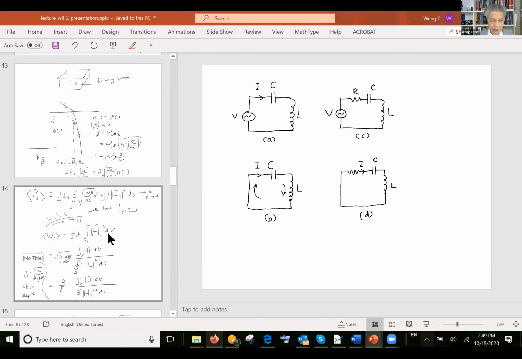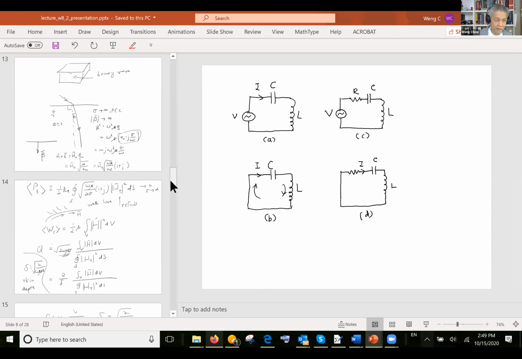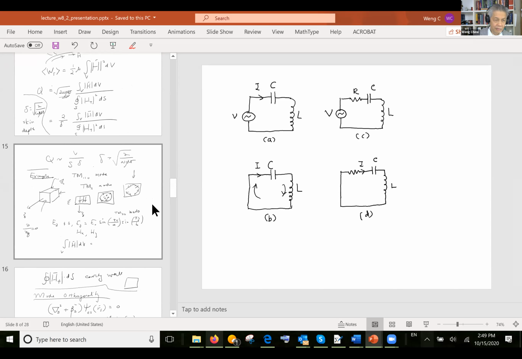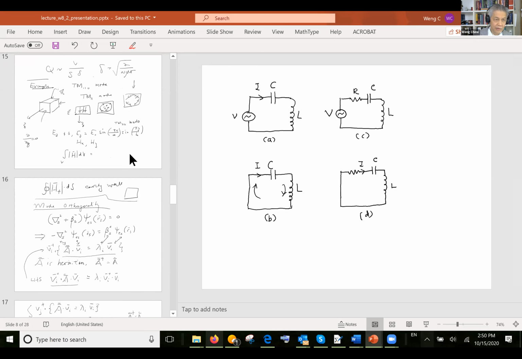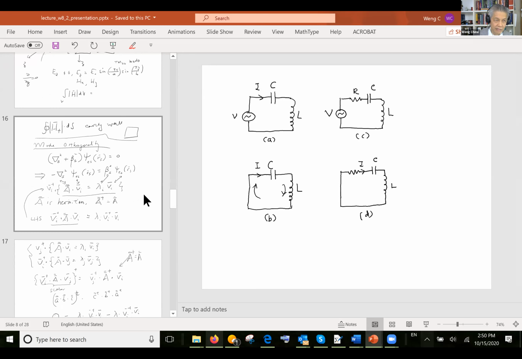You can actually calculate just the magnetic field because the energy stored in the electric field is the same. Then you plug this in, and you can use the example of a TE or TM110 mode of the rectangular cavity as a test case and find the Q of the cavity.